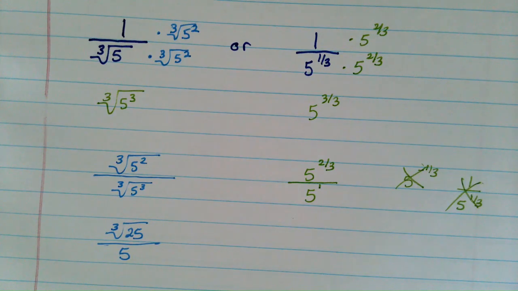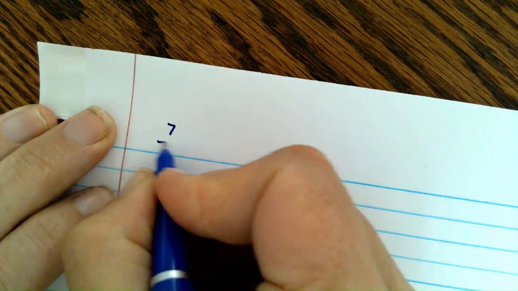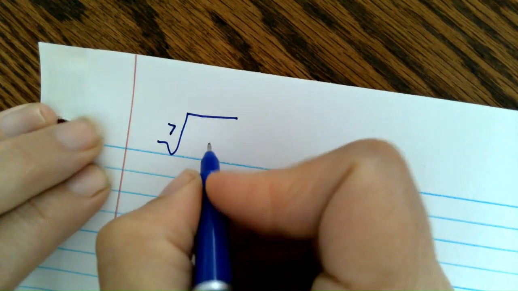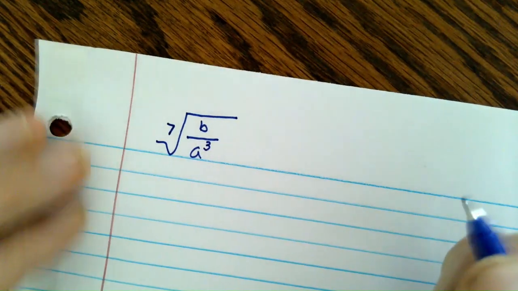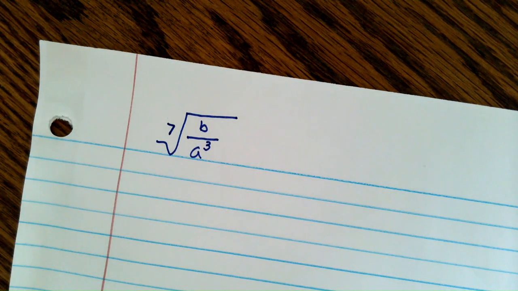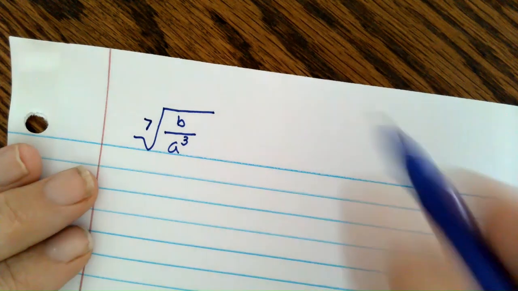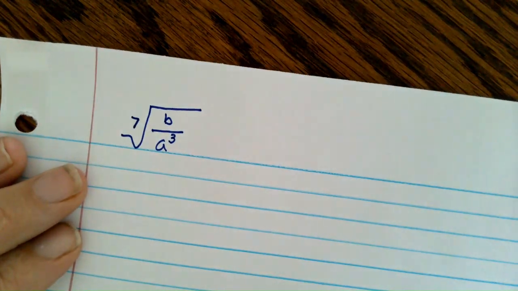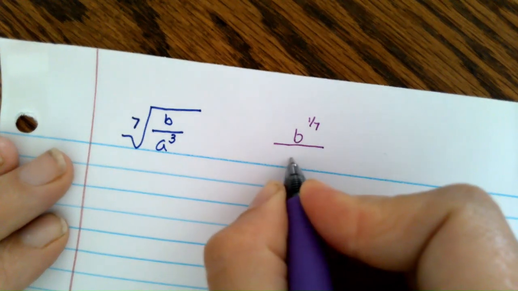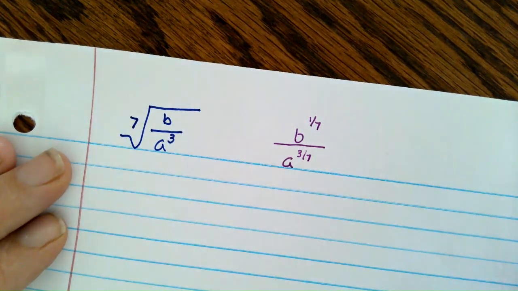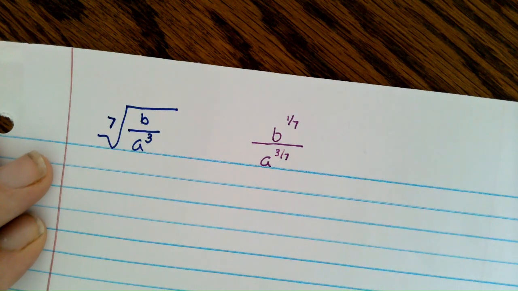Okay, so let's try that with a variable. The 7th root of b over a cubed. Okay, so b in the numerator is not a problem. I'm going to rewrite it like this. I need to multiply to get to a whole group.